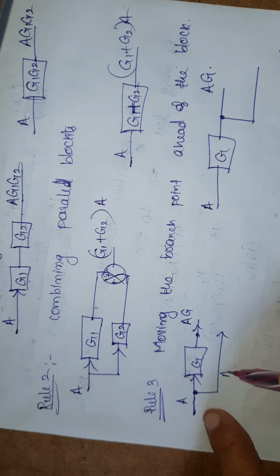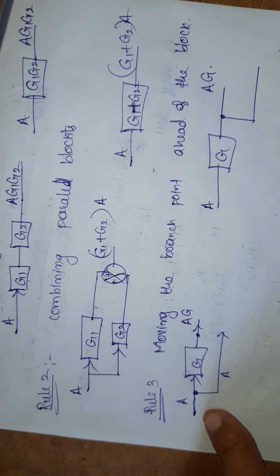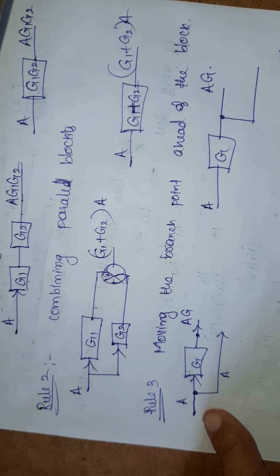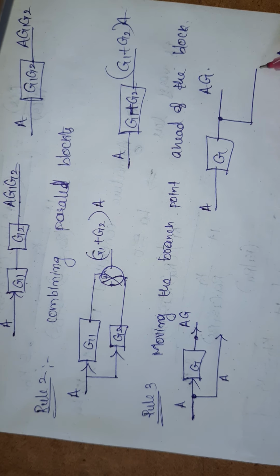This is simply A. So if I take a branch point here, the output should be A only. Here I have to get A as an output, but there is a change in the branch point.